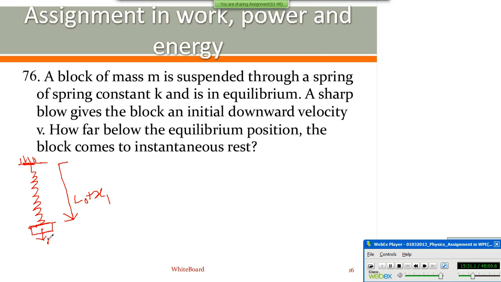So two forces act on the block in the equilibrium position. One is its weight mg, which acts vertically downwards. The second one is the elastic force by the spring. The magnitude of the elastic force is k into x1. Here x1 is the elongation of the spring in the equilibrium position of the block. x1 or xe, same thing; in my discussion of the special case I denoted it by xe.